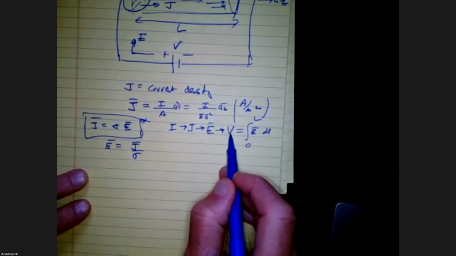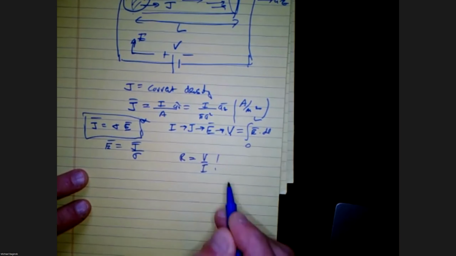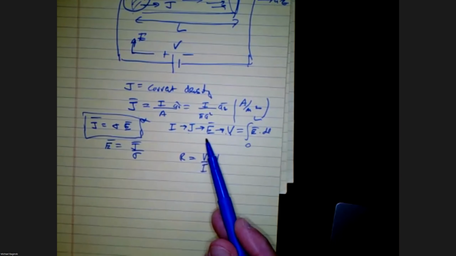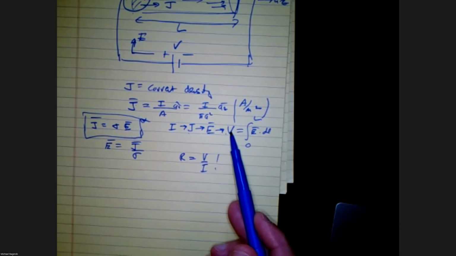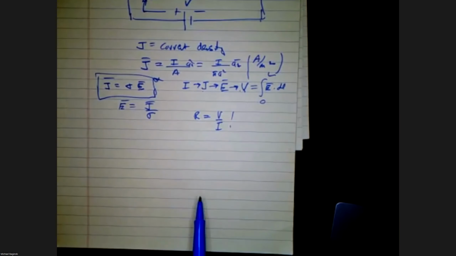And once we have this V, to get the resistance R, we simply do V over I. So we assume I, we get J, we find E, then we get V by integrating it. And R has to be equal to V divided by the I we assumed. Make sense to everybody? Mm-hmm. Take a moment, just think about it. It should make perfect logical sense.